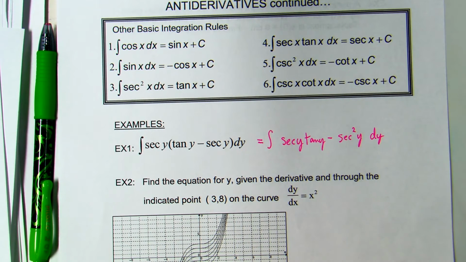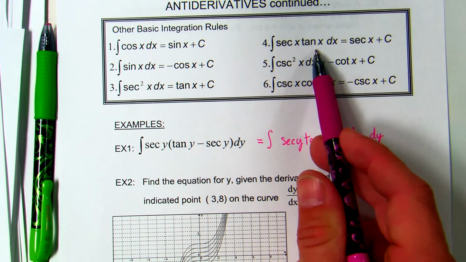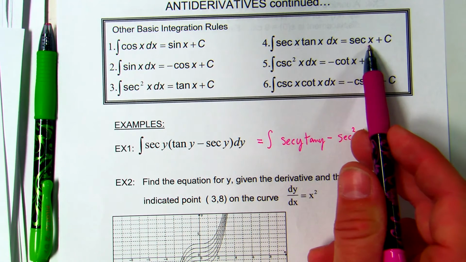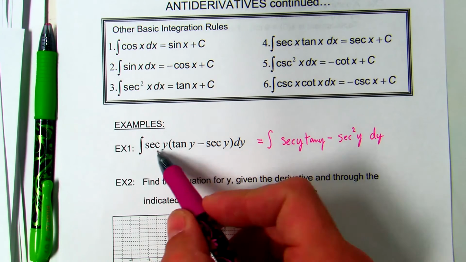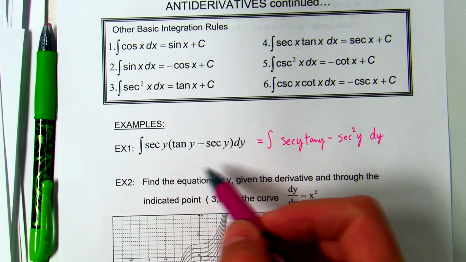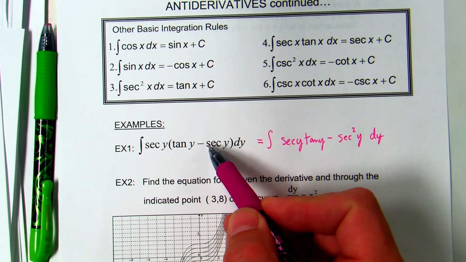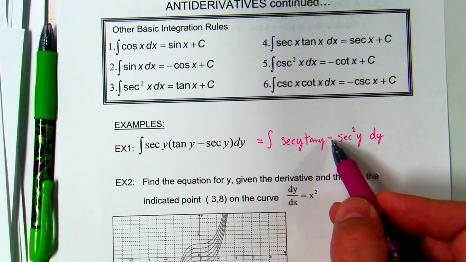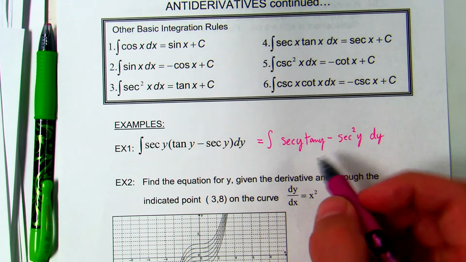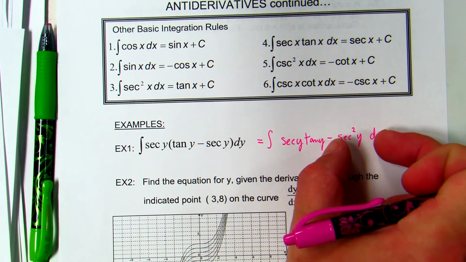If we look back at our rules or identities, this is secant x plus c for this first term. And again, we talked about this in previous lessons. By distributing, we get an addition or subtraction, which simply means we can take the antiderivative of the first part minus the antiderivative of the second part.